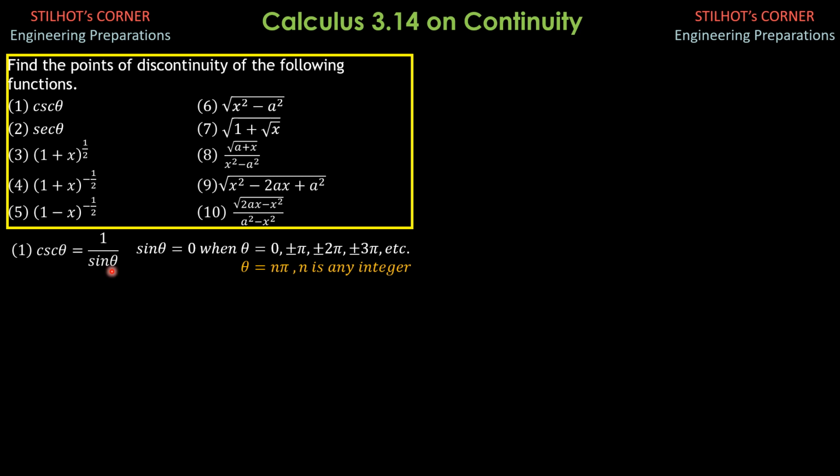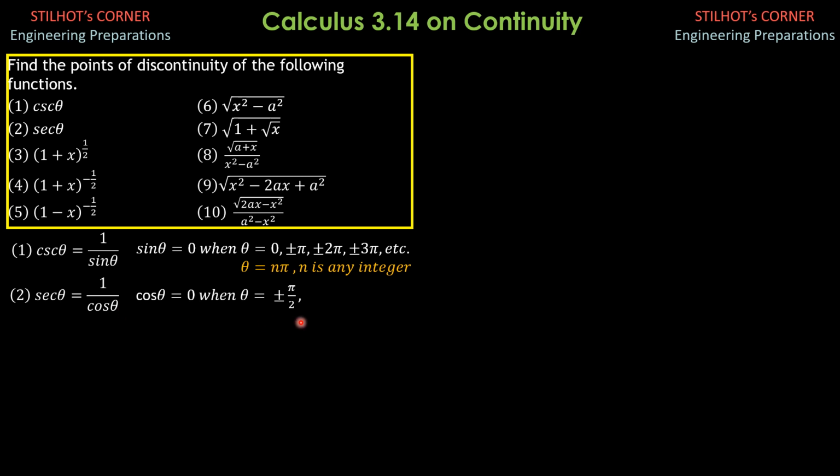For problem 2, secant theta can be written as 1 over cosine theta. And again, we have a denominator here, which can be 0 at values of theta like plus minus pi over 2, plus minus 3 pi over 2, plus minus 5 pi over 2, and so on and so forth.